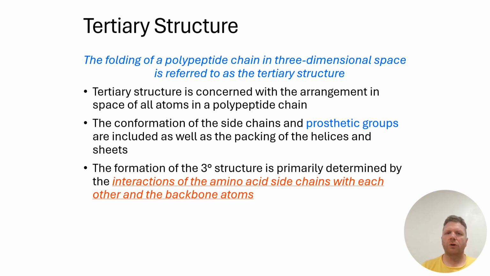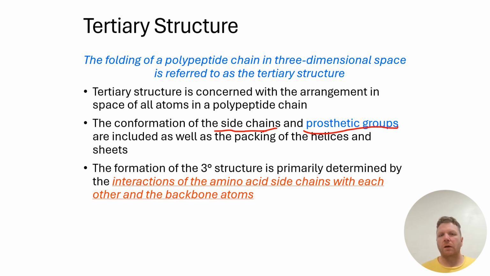Now this 3D structure includes our R group side chains as well as, we haven't really talked about these, prosthetic groups. This is a newly introduced term. Whenever I hear prosthetic group, I think of a person who has a prosthesis. What does that help them do? That helps them carry out a day-to-day function that they otherwise would not be able to do, whether that's a prosthetic hand or a leg or something like that, that assists them.